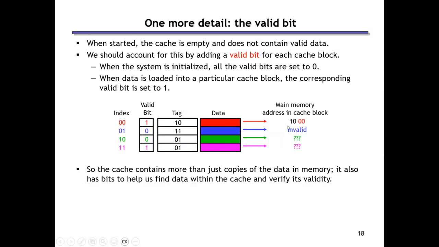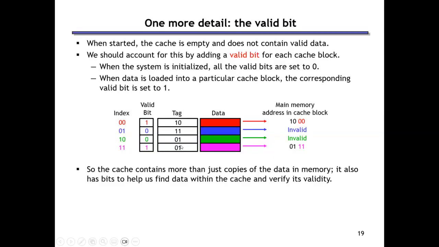None. It's invalid because the valid bit is 0. This is very important. When the valid bit is 0, the data does not represent valid data, even if the tag matches. In this example, if the valid bit is 0, the block residing in the data field is invalid.